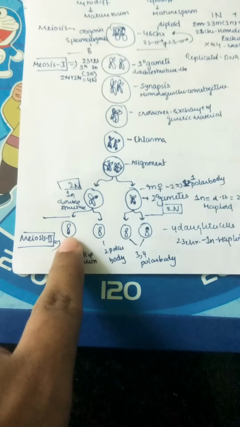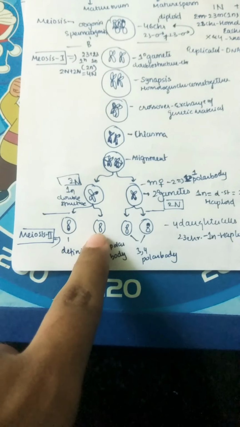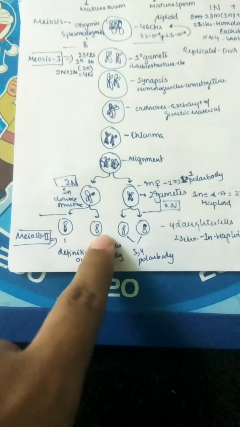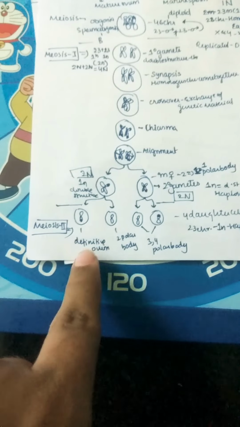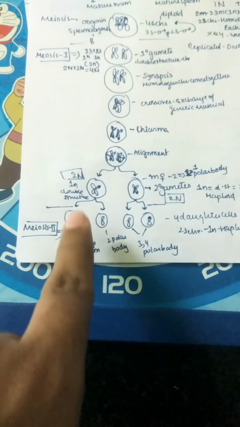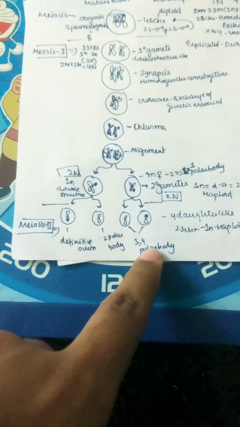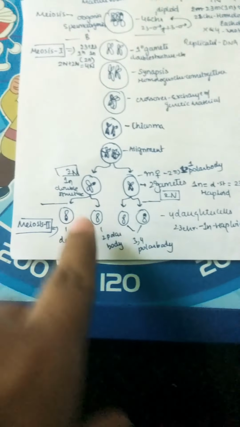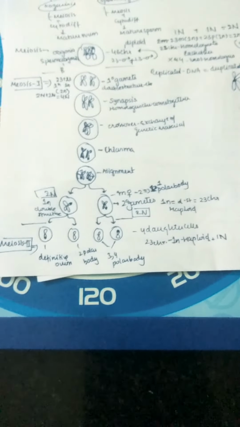Now meiosis II takes place further, where these are divided again into individual chromatids. Remember here a chromatid may be purely paternal or purely maternal, and like that they are divided into four. In the case of a female, one definitive ovum and polar bodies are formed, and the first polar body divides further. All these polar bodies degenerate, and the definitive ovum finally meets with the sperm and fertilization takes place.